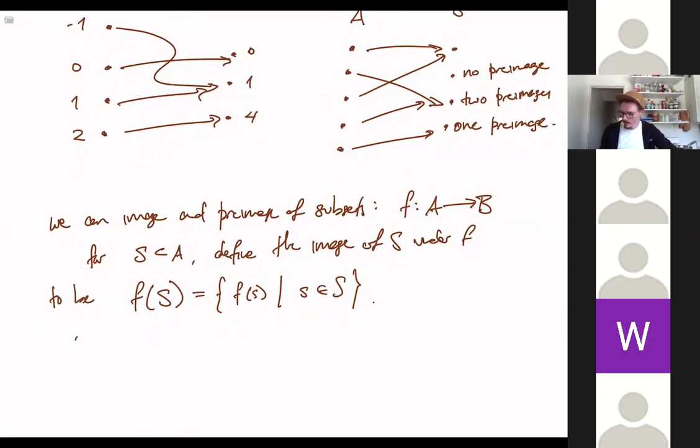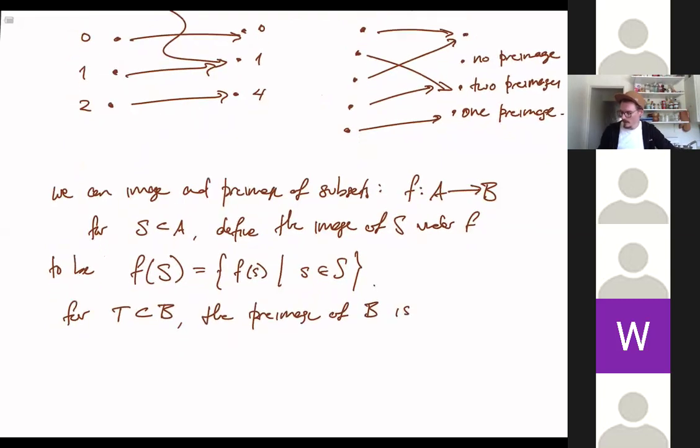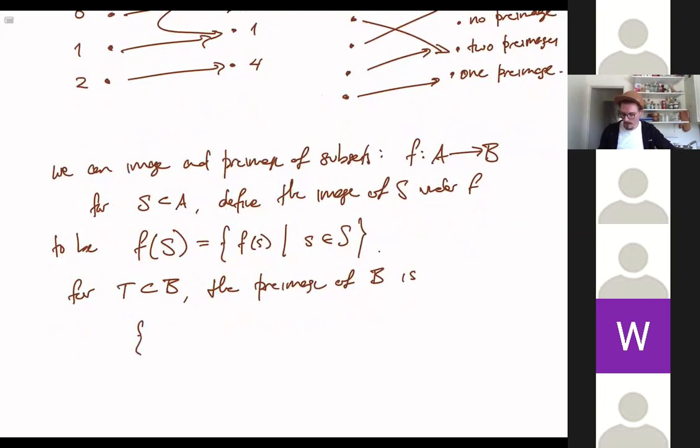And similarly, if we have a subset of the codomain B in this case, then the preimage is this set, all the elements of A such that F of A is in this subset.